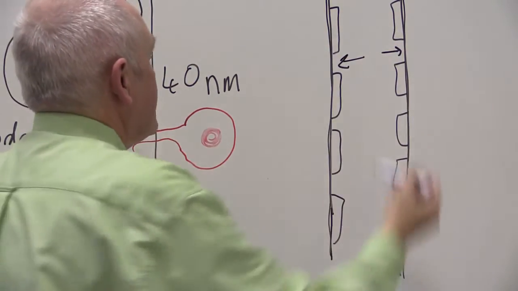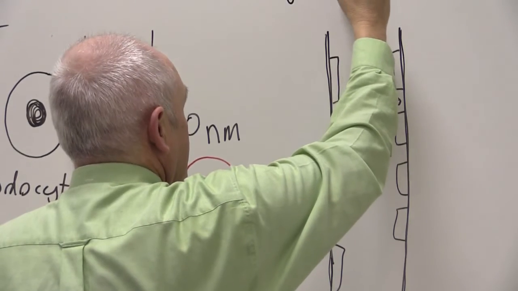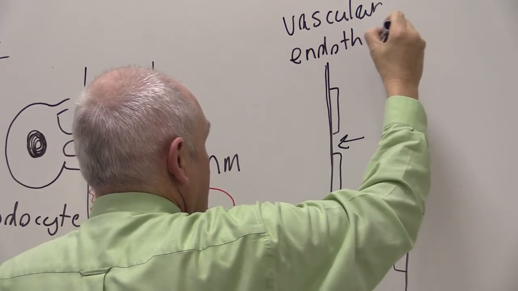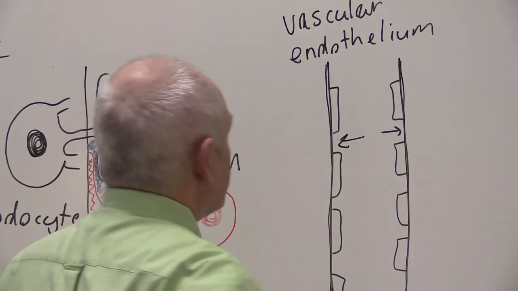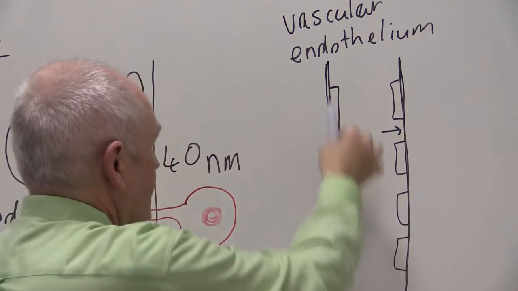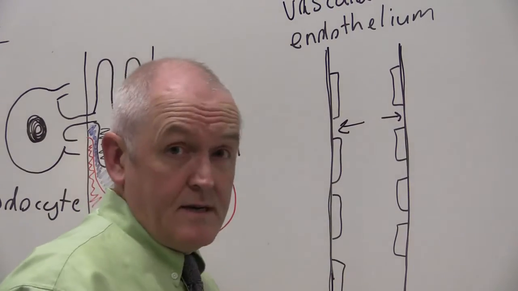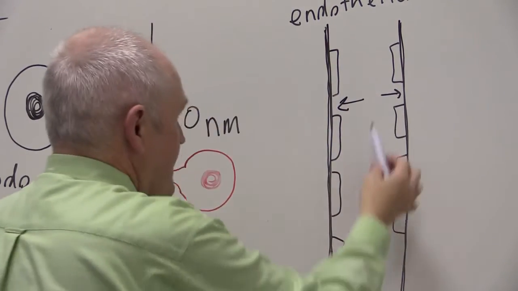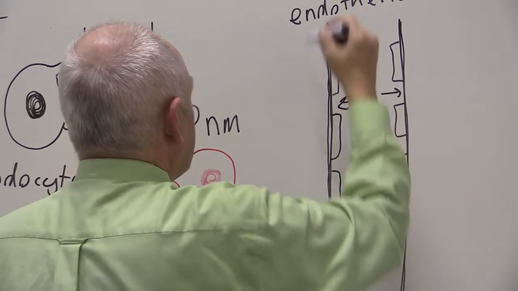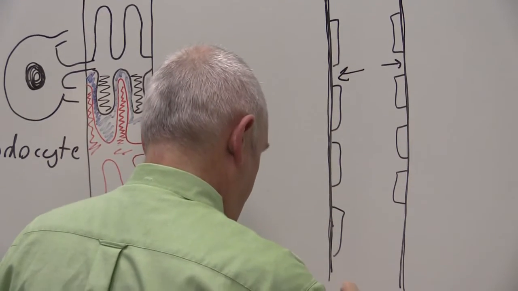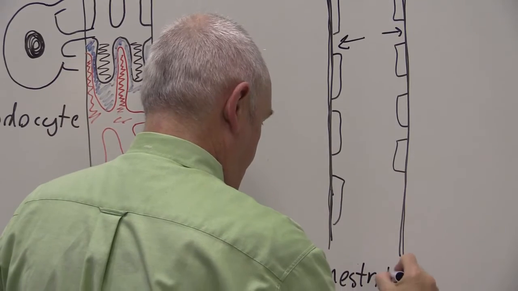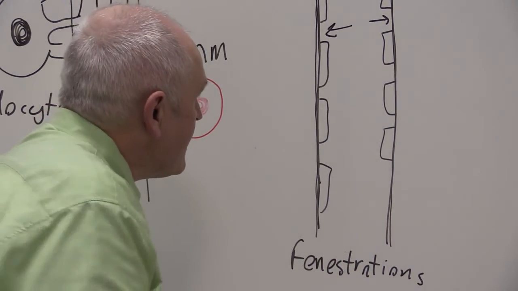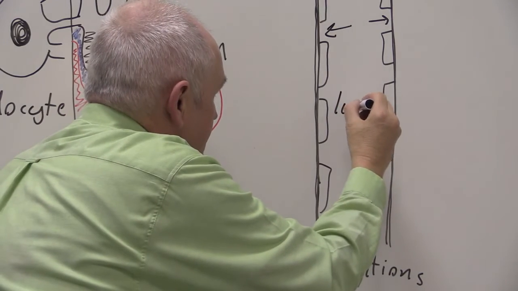So these are the cells of the vascular endothelium, lining the inside of the capillary. Then we have the membrane there. These are the fenestrations, the gaps are the fenestrations, right at the bottom. And here is the lumen of the capillary.